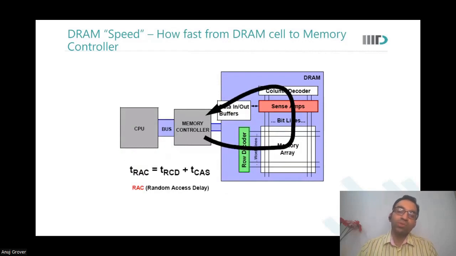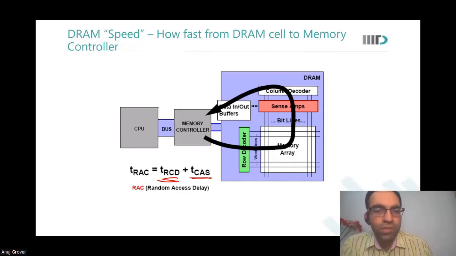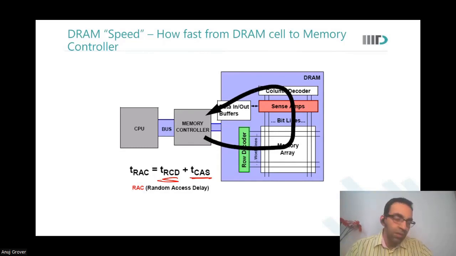TRAC is equal to TRCD plus TCAS. Are you able to see this? Any questions? Because RAC meant the time from when you gave the row address strobe to when the output was available on the output bus. That means TRCD plus TCAS.